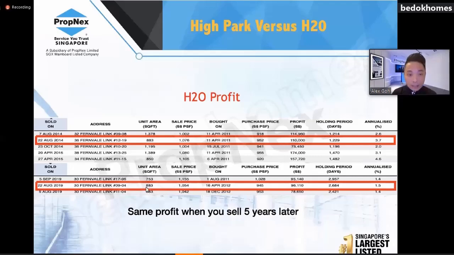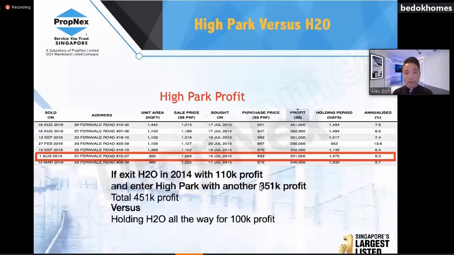And the key thing is that if the first owner sold the house in 2014, they would be in time to buy High Park Residences, which is very near H2O, in 2015. We are looking at the time frame from 2011 to 2019. One of them held all the way, and one of them changed property, just for example.